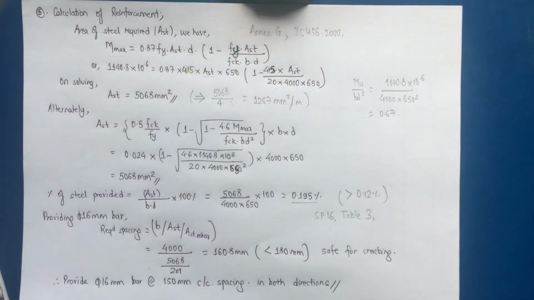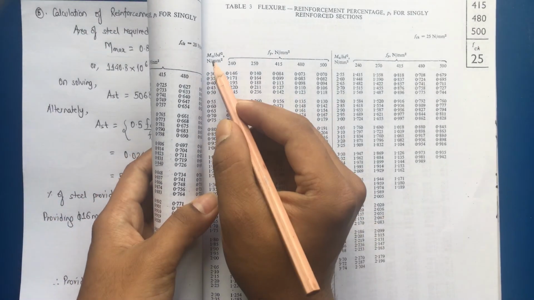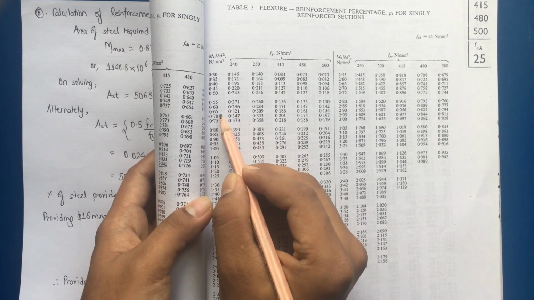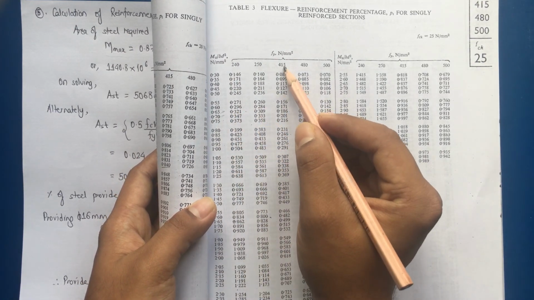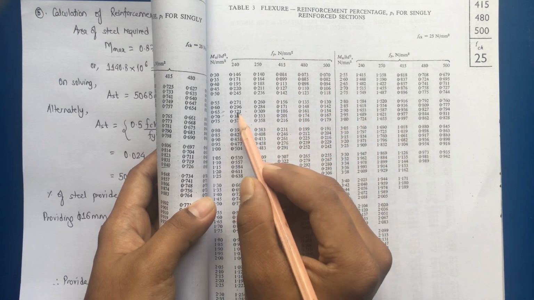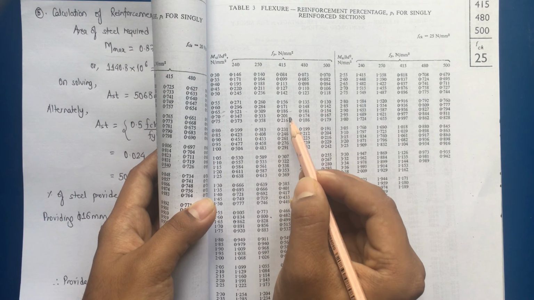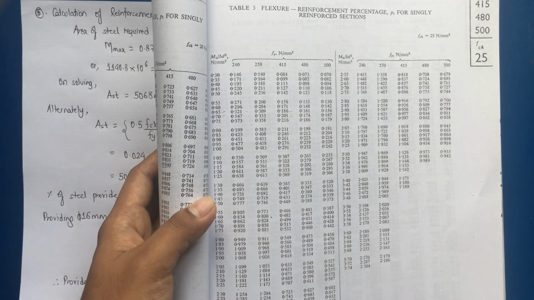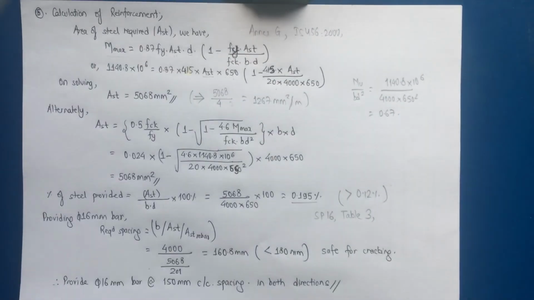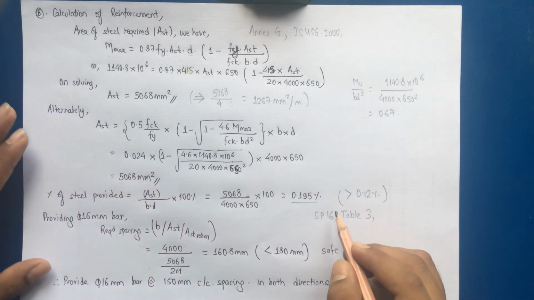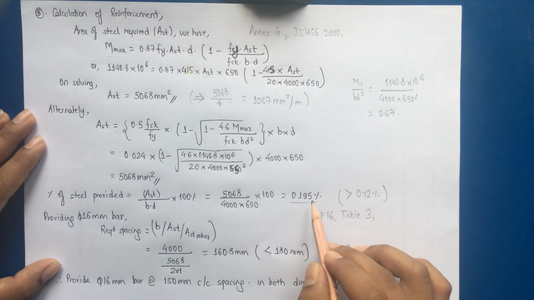So for Mu by bd square, 0.67 lies between 0.65 and 0.7. And for Fe 415, the percentage of steel should lie between 0.186 and 0.201. So approximately we are correct, that is the value is 0.19, which lies between 0.18 and 0.2. So this should be sufficient for one-way shear as well.